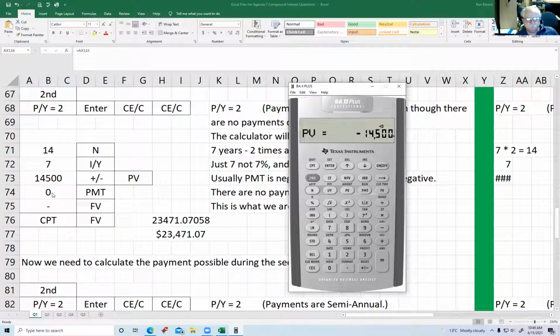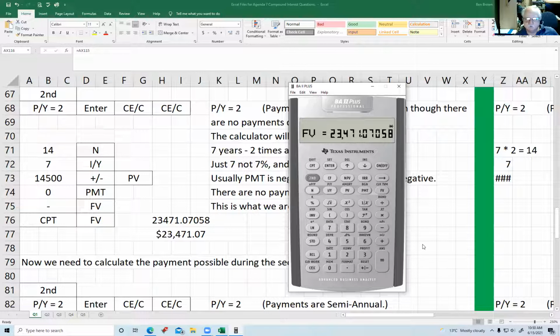During this period, there are no payments, but we have to tell the calculator that. We can ignore future value because that's what we're calculating. So go compute future value, and we get this number, which we're going to round to 23,471.07.